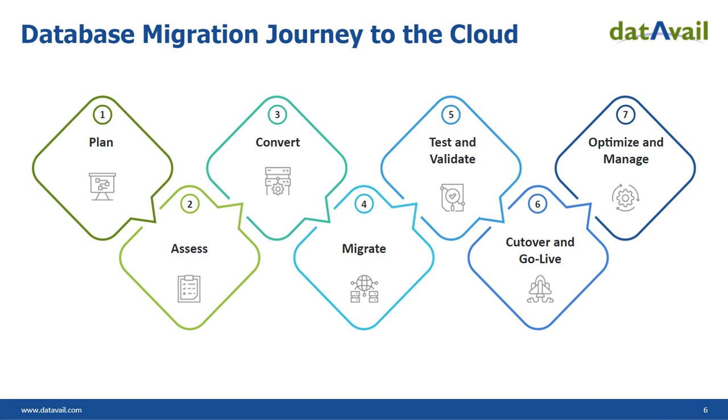And once you confirm everything works well, you're going to do a cutover. That's where you switch from using your old on-premise databases to the new cloud database. Finally, you will continually monitor and fine-tune your cloud databases to ensure they run efficiently and also meet your needs.